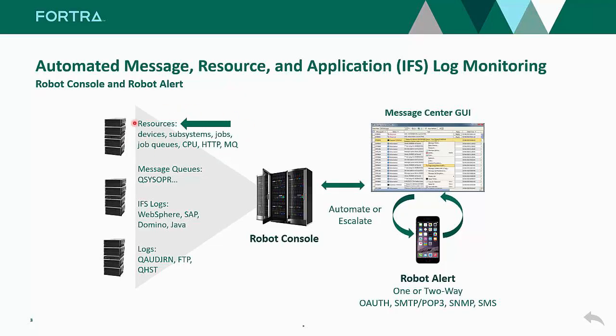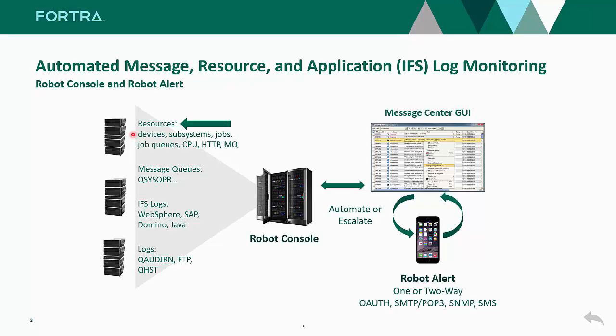Every minute, every 5 minutes, every 15 minutes, once an hour, we can go out and monitor these resources. And if they aren't as we expect, so for instance, if we're monitoring for a job to be active and it's not active, or a subsystem to be active and it's down, we will generate a message and you can then escalate that to the outside world. And we'll do that all automatically.